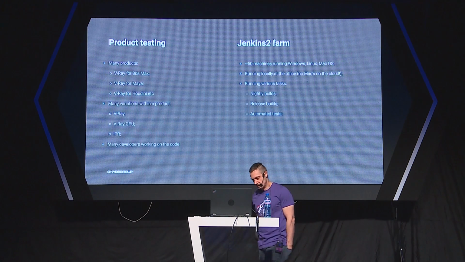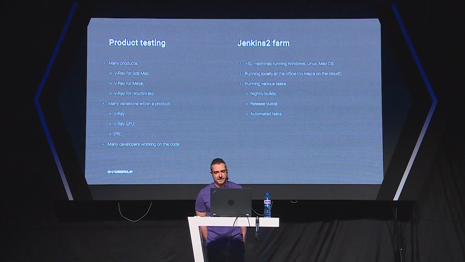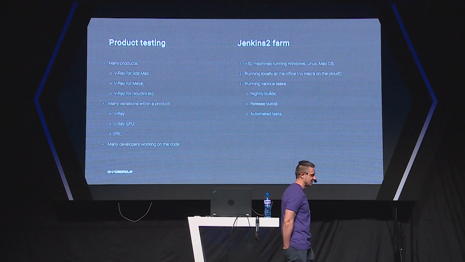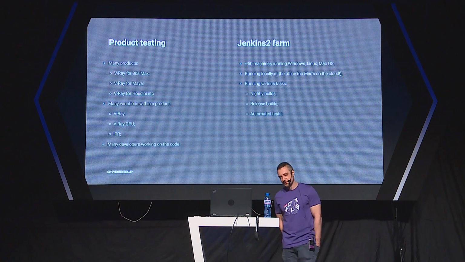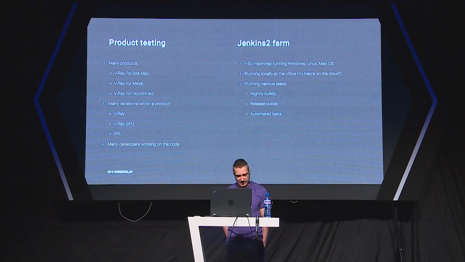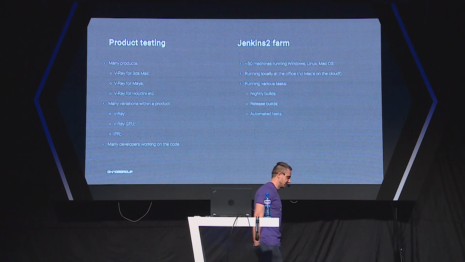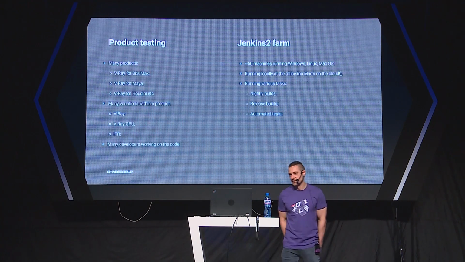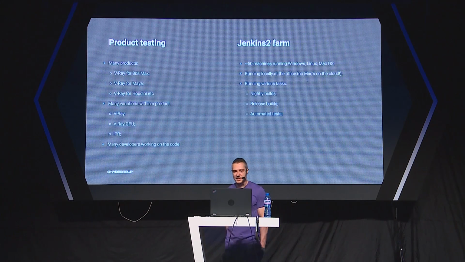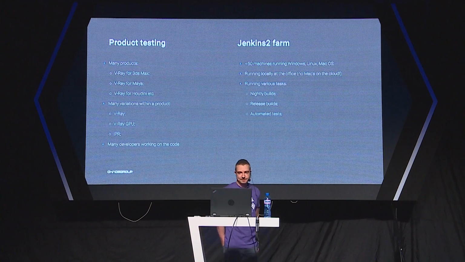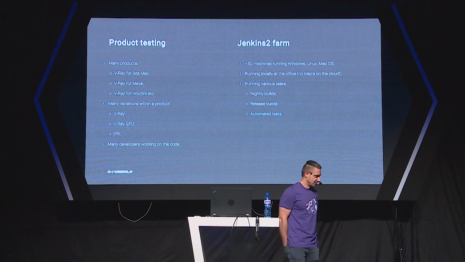So we have a small farm, a build farm, in the same way that you have a render farm that produces animations. We have a build farm that produces builds and also runs the tests for those builds. And this has to be done with various operating systems. Obviously, we need to be able to run 3ds Max and Maya on it. And it also handles all the releases that we do.